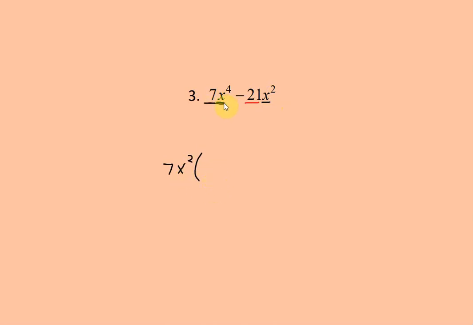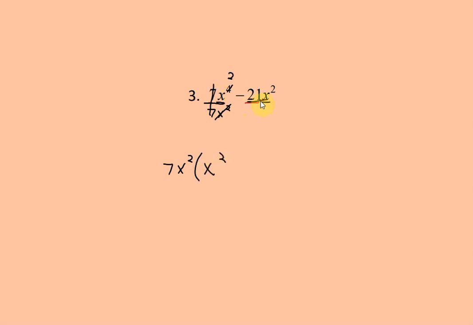So if I were to divide this first term by 7x squared, the 7's would cancel, and then for my variables, whenever I am dividing variables, I subtract the exponent. So I'm taking away 2 x's from the x to the fourth, so that leaves me 2. 4 minus 2, there's 2 left. So there's an x squared left whenever I factor out a 7x squared.